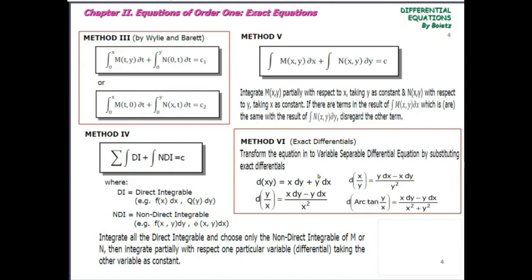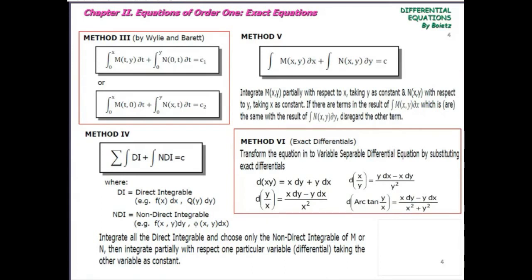Mas maganda pwede nating by introducing an exact differential, pwede natin siyang i-convert into variable separable differential equation. So ganun ang mangyayari.